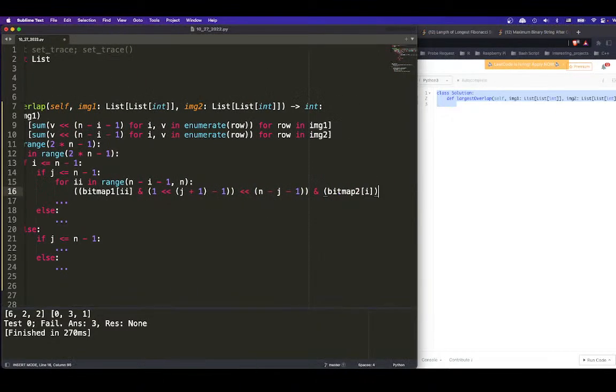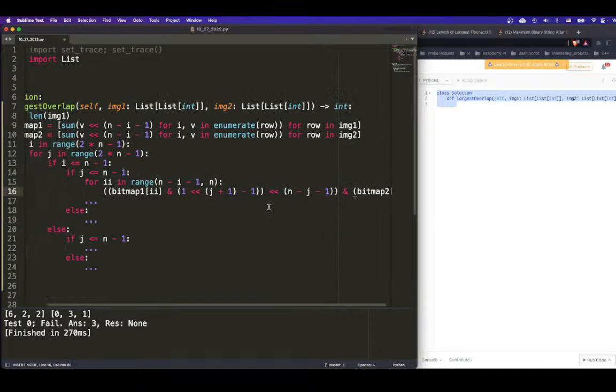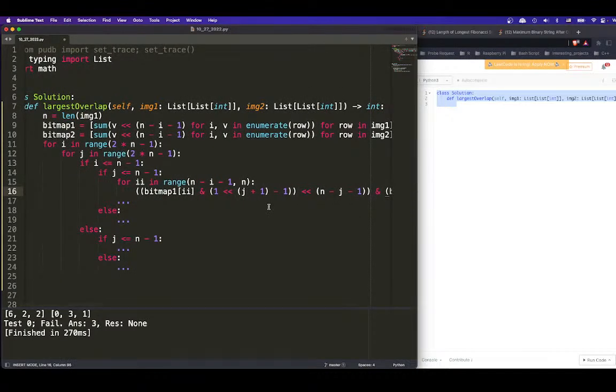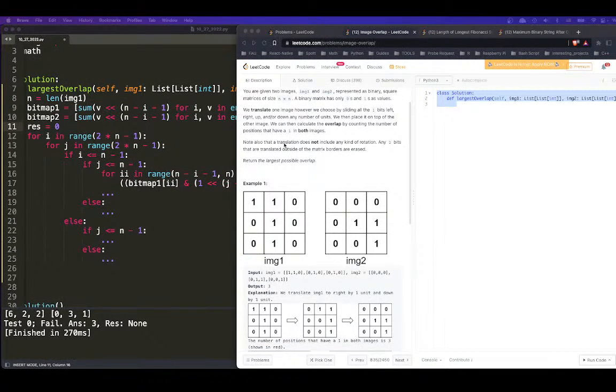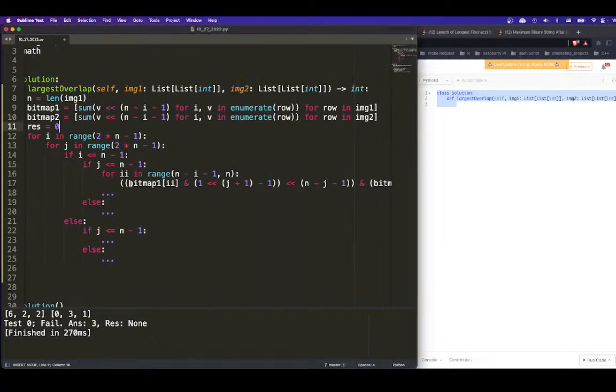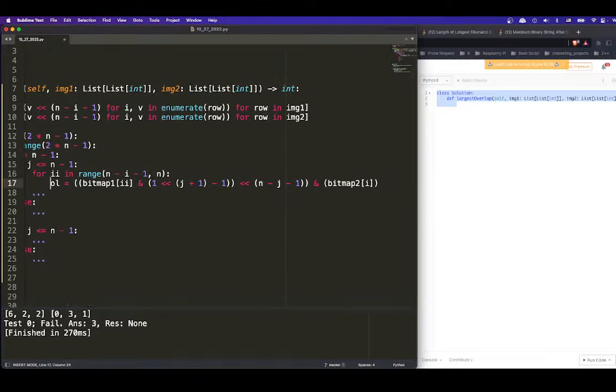So that will just be, we have the result. I want a maximum overlap, right? So this is overlap, OL. Overlap is this and this. Now we need to count how many ones are in there.